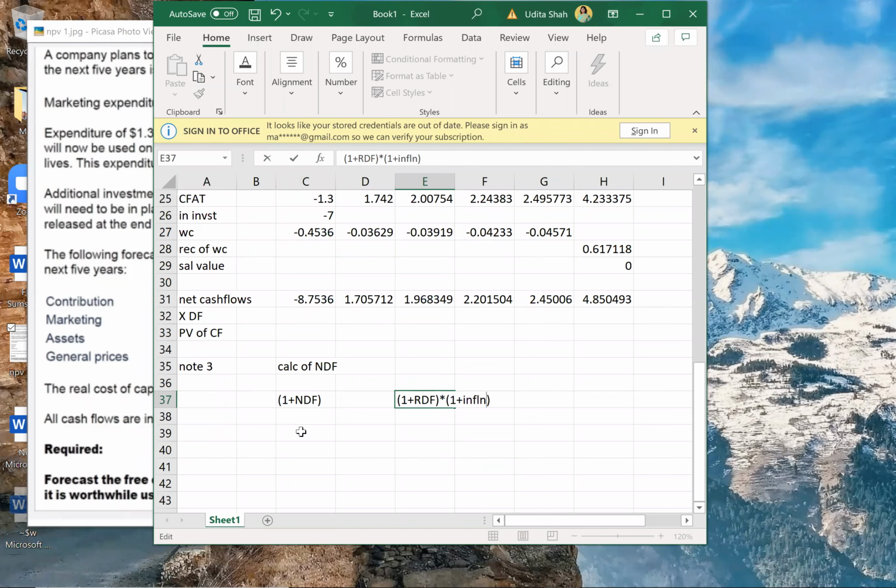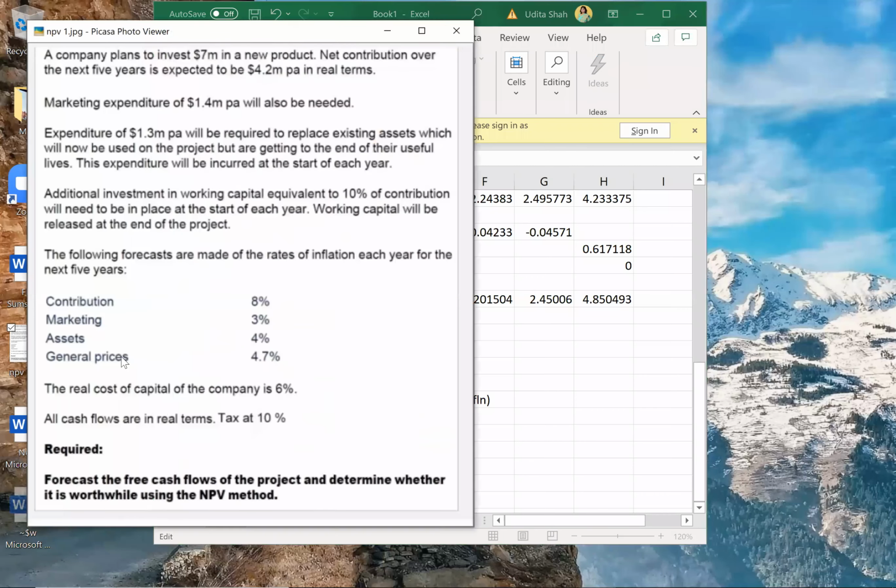Correct? So 1 plus NDF is equal to what? What is 1 plus RDF now? 1 plus, what was the real cost of capital? Real cost of capital was 6%.